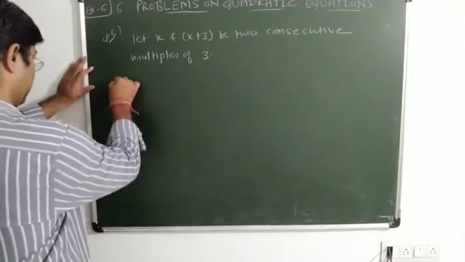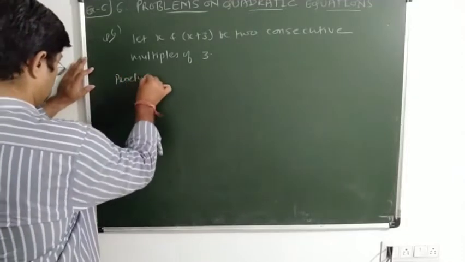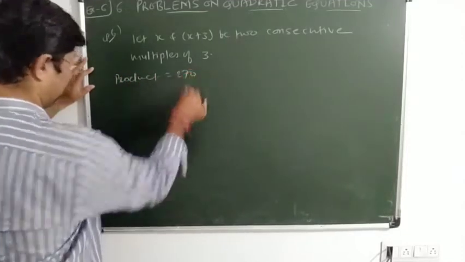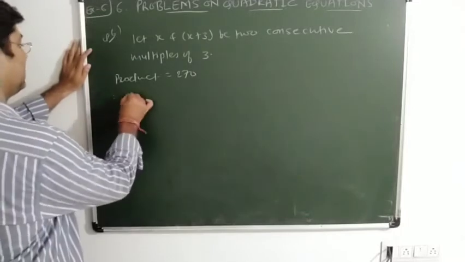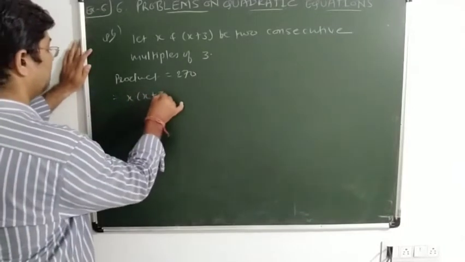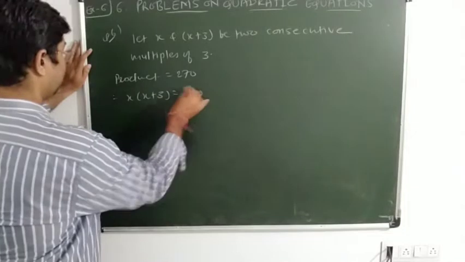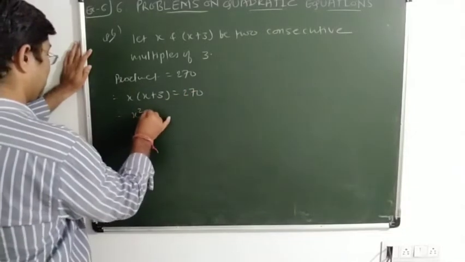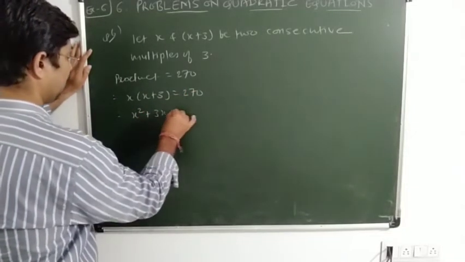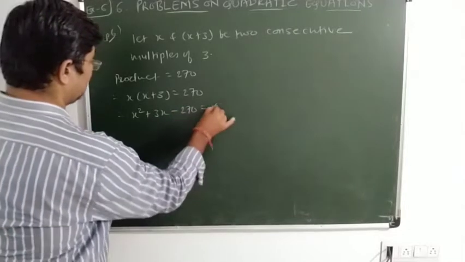Okay, now their product is given. The product of these two numbers is 270, so we can multiply x into x plus 3 is equal to 270, therefore x square plus 3x minus 270 is equal to 0.